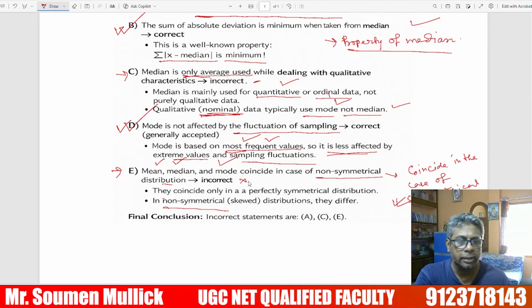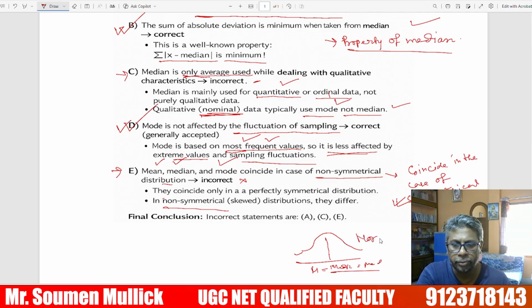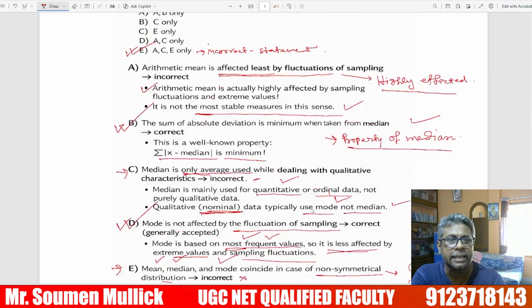In the case of a normal probability curve, which is symmetrical, mean, median and mode are equal. The normal distribution curve is a symmetrical curve, while a non-normal distribution curve is non-symmetrical. So the answer is ACE.